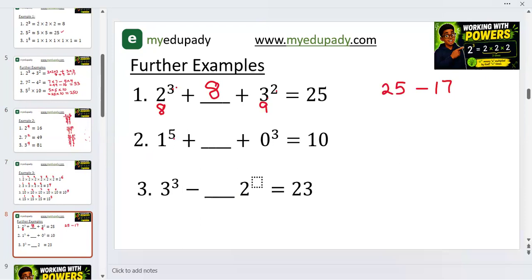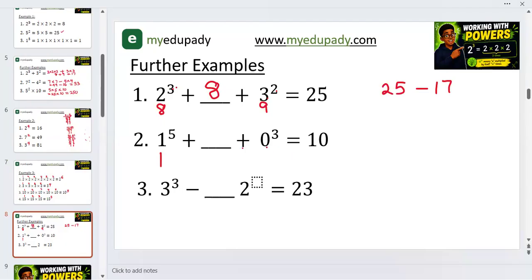So we have 1 exponent 5 plus a number that we do not know plus 0 exponent 3 is giving us 10. We know that 1 exponent 5 means we are multiplying 1 in 5 places. When we multiply 1 in 5 places, what do we get? We get 1, because we have 1 times 1 times 1 times 1 times 1. That gives us 1, right?